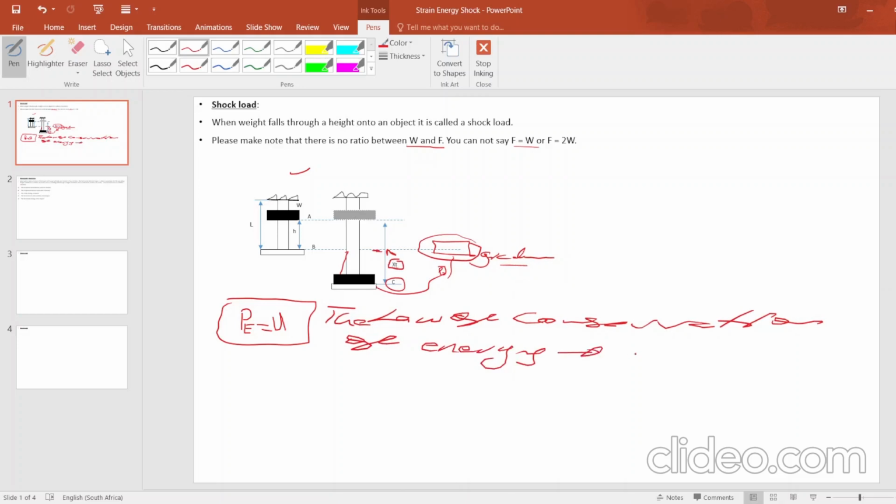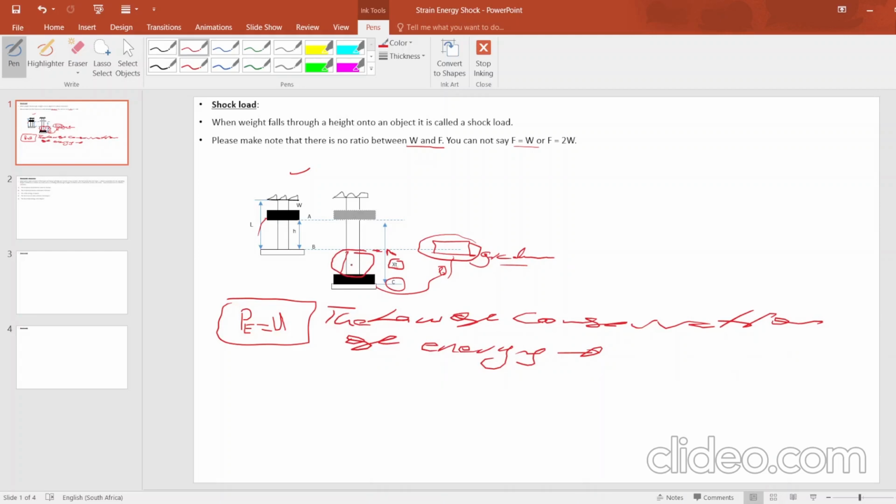The law of conservation of energy simply says you can't destroy nor create energy, you can only transfer it. From this point to point B, there's that transference of energy. Hence the material experiences deformation.